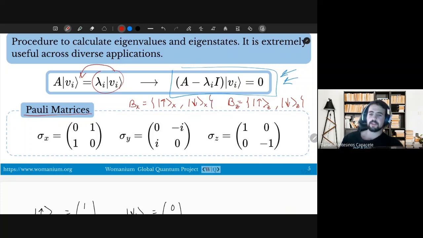I haven't really discussed some important things here, but the idea is that for the operators that we are normally going to use in quantum mechanics, and for sure in quantum computing, when you find the eigenvectors of any operator that we are going to be working with, this set of eigenvectors of the corresponding operator is going to form an orthonormal basis, right? I mean, they are going to be orthogonal, and that's not so easy to see in the sense that you need to prove it, but we are not going to do that.